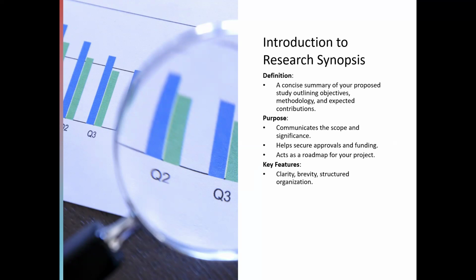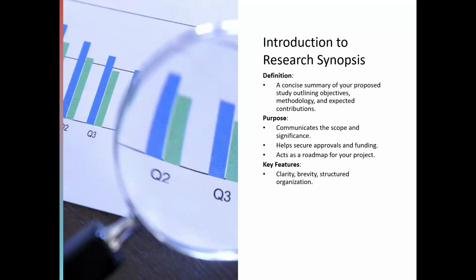The purpose of a research synopsis is to communicate the scope and significance. When you write down a specific research idea, you can share it with a mentor, with different professors in your institution or abroad, and it will help you secure approvals and funds. You can submit a research synopsis to programs where funding is available, and you can get funds.